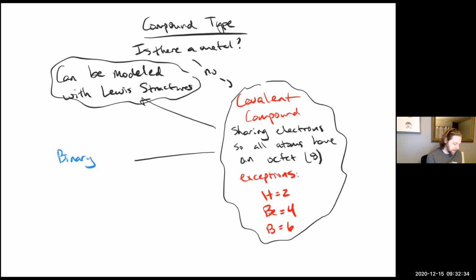A binary molecule. We use the term molecule specifically for covalent compounds because when we draw these structures, there's a starting point and an end point. The molecule is contained.